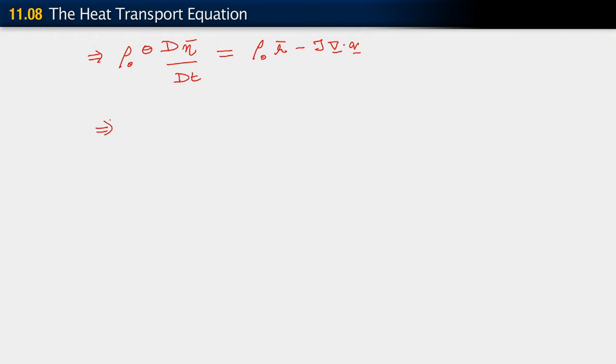We can recall our constitutive relation for eta bar, which tells us that eta bar is minus the derivative of chi bar with respect to theta.